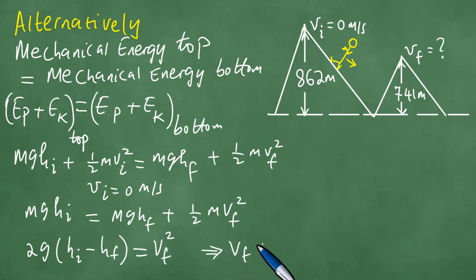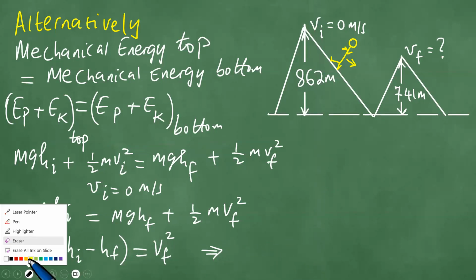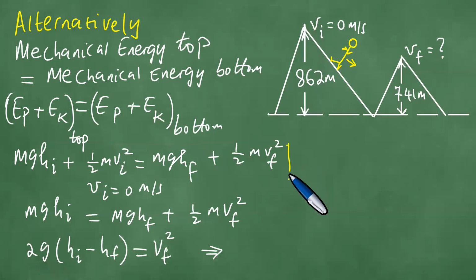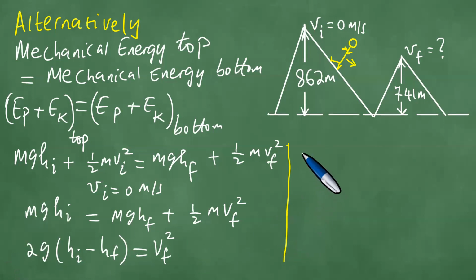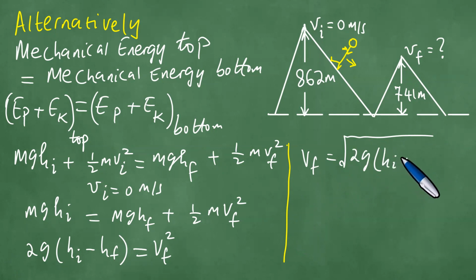Which means that vf equals the square root of 2g into h initial minus h final.